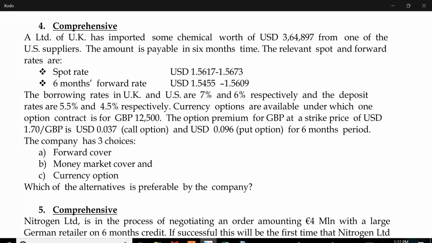Go through question 4, start doing it. I'll take you through only the currency option. Forward and money market, you do it.